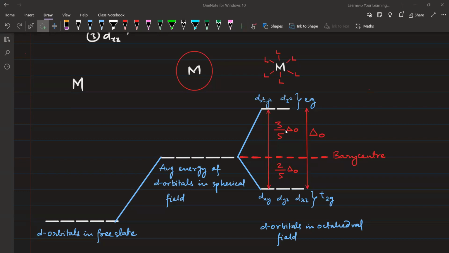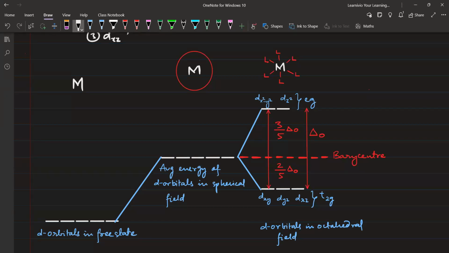But if I combine all of these orbitals, the average energy will still be at the barycenter. ये conceptual सवाल है, मतलब generally तो पूछा नहीं जाता. Like once you do BSc, MSc, and after that, if you go to interviews, for interviews they ask this question.